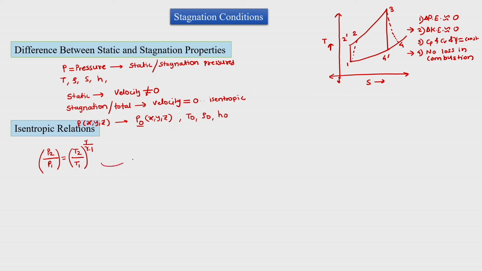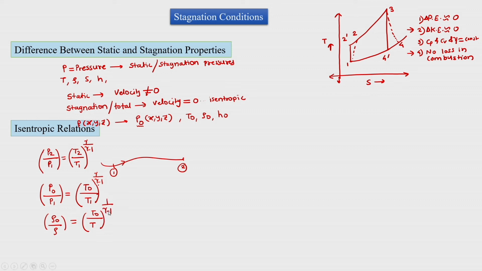Suppose this is a streamline, this is state 1 and this is state 2, and at state 2 we have brought the fluid to 0 velocity. So P2 is nothing but P naught, and P naught by P1 is equal to (T naught upon T1) raised to gamma upon gamma minus 1. Similarly, rho naught upon rho is equal to (T naught upon T) raised to 1 upon gamma minus 1.